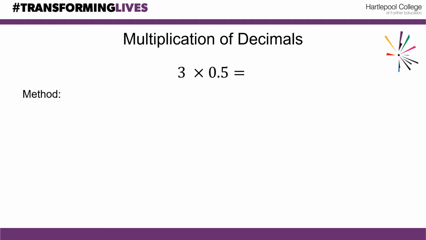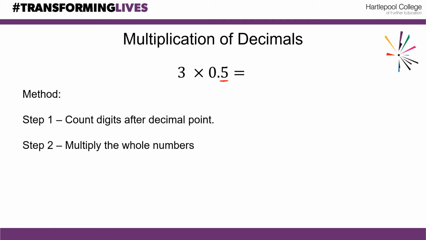First off, we've got 3 times 0.5. Okay, so the method I'm going to try and apply to all of these is going to be step 1, I'm going to count all the digits after the decimal point. In this case, we've got 1 digit after a decimal point. Step 2, I'm going to multiply the whole numbers. And then step 3, I'm going to put the decimal back in place.